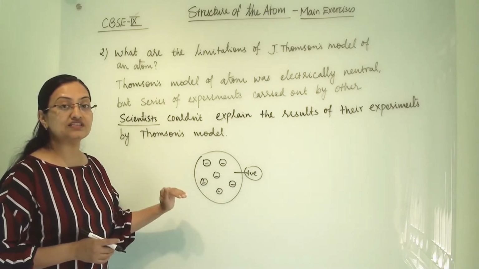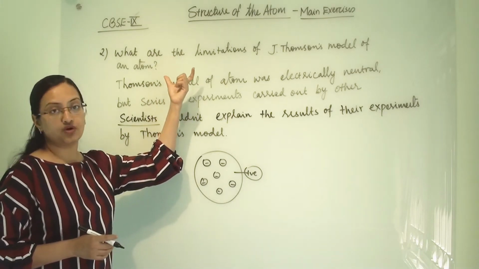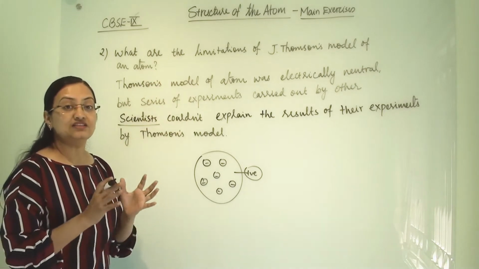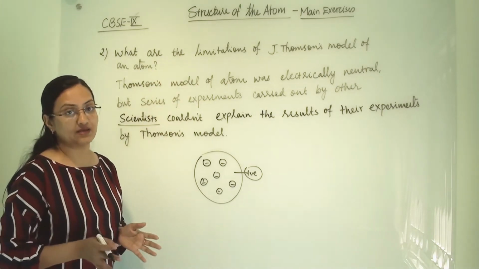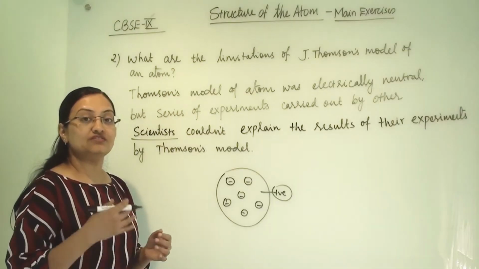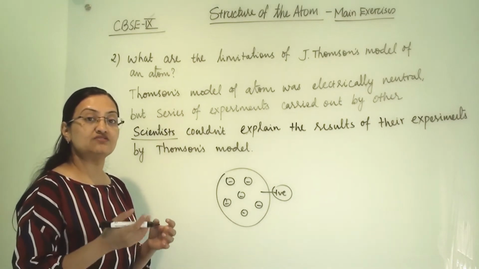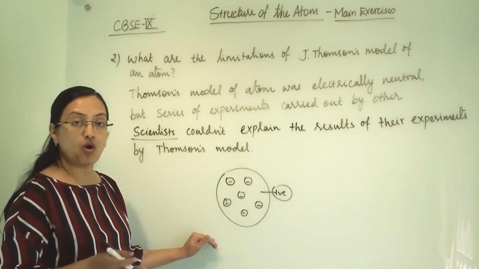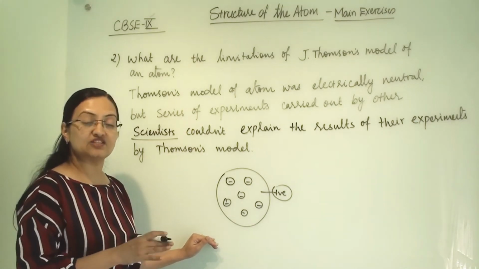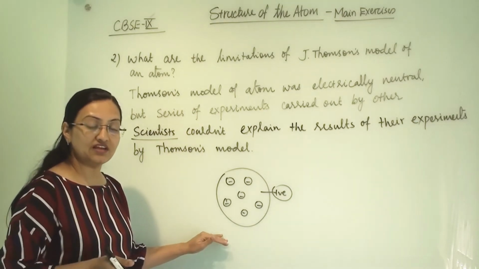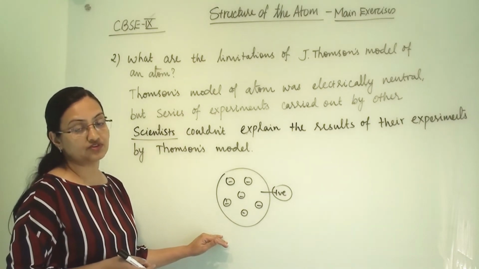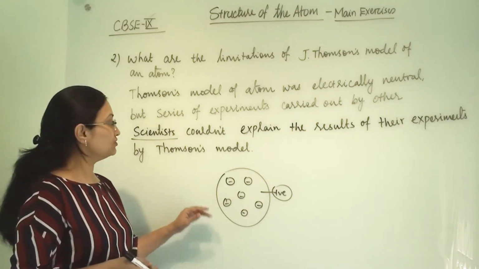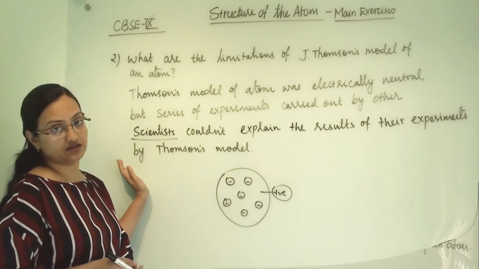This was the biggest limitation of Thomson's model, and that's why the model was not accepted. This is how we will frame our answer.